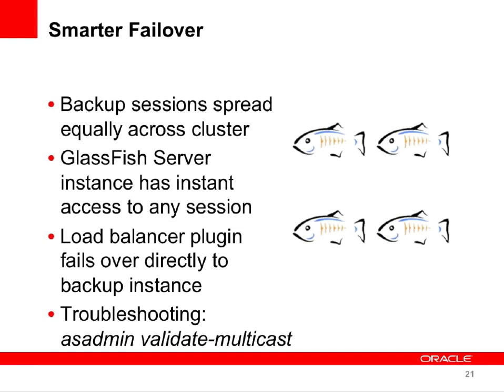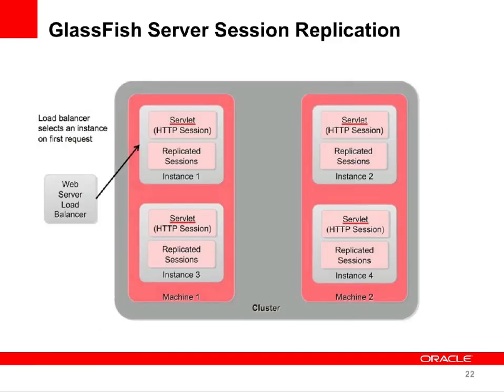So we've added the asadmin validate multicast command. You run this command on two instances within your cluster on separate machines, and they will send out broadcasts. You should see messages being exchanged on both sides between the validate multicast commands running on the two hosts. If you don't see that, then from a GlassFish perspective, multicast is not working properly. It could be a configuration issue in your software environment, or in your network, because some IT departments might disable multicast.